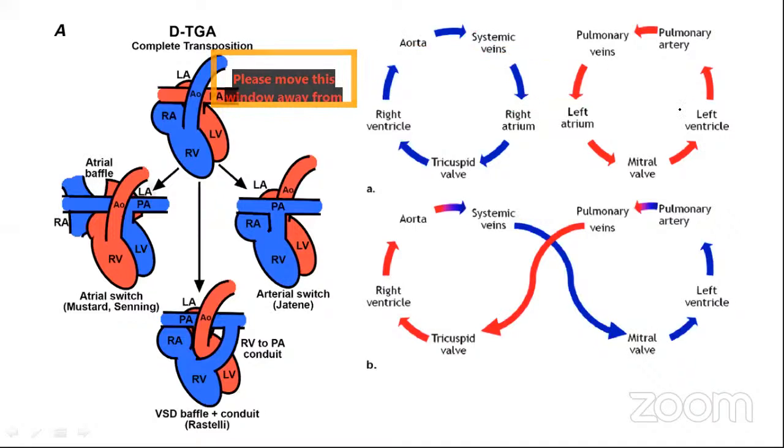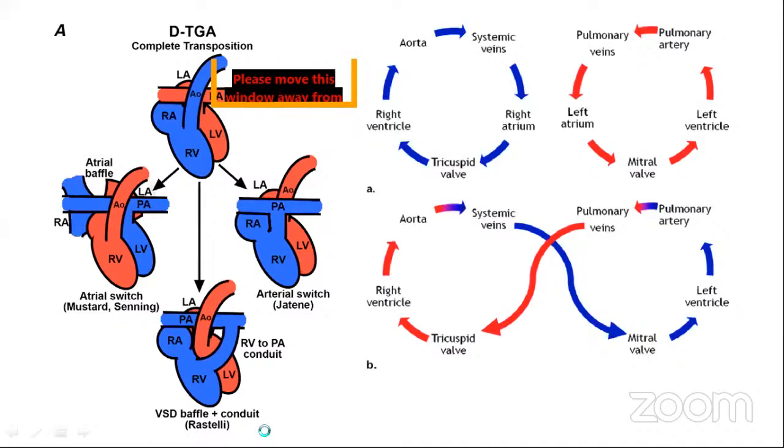That is the basis of TGA. Whenever you have a TGA, there are multiple procedures that can be done: an atrial switch, which is the Mustard or Senning's procedure, the Jatene arterial switch, or the Rastelli's procedure. So these are the options available.